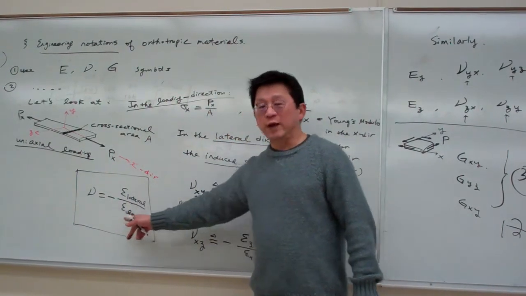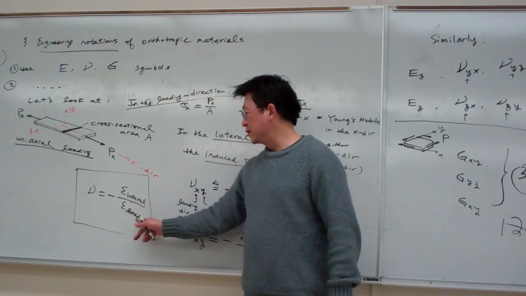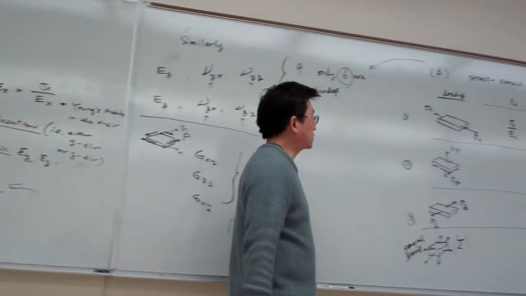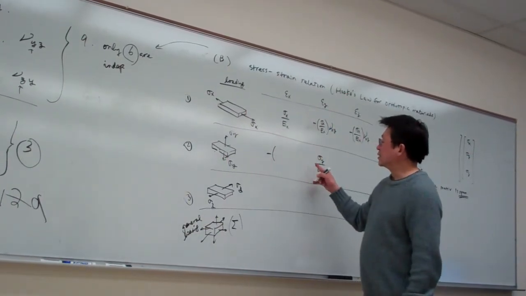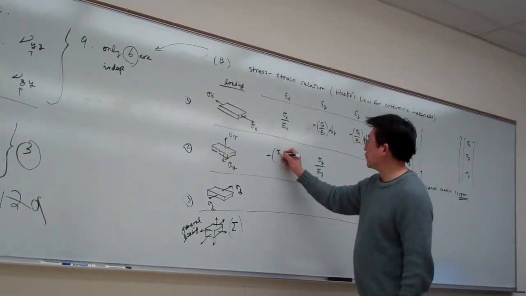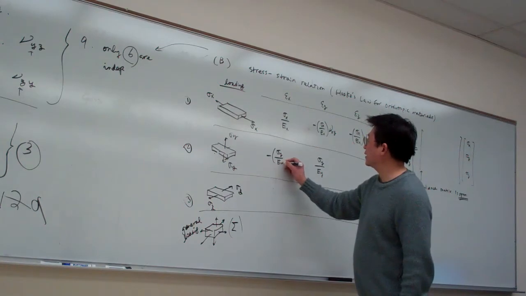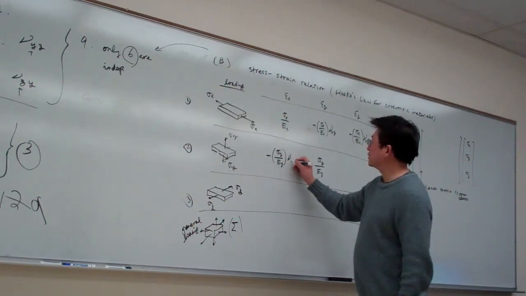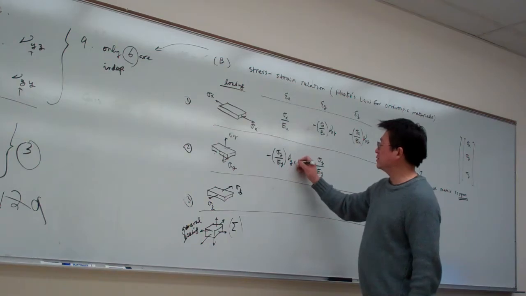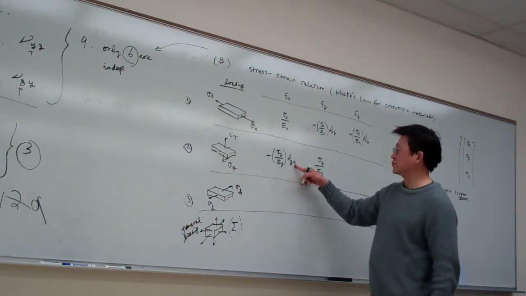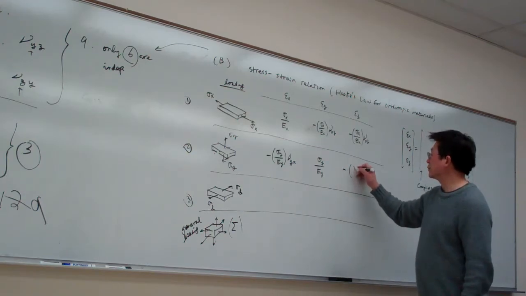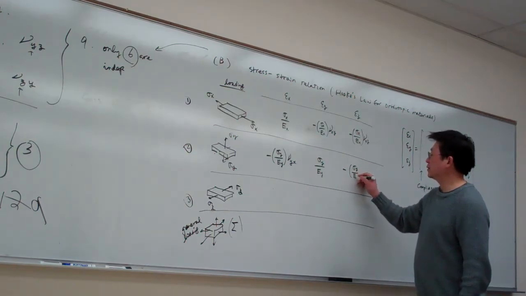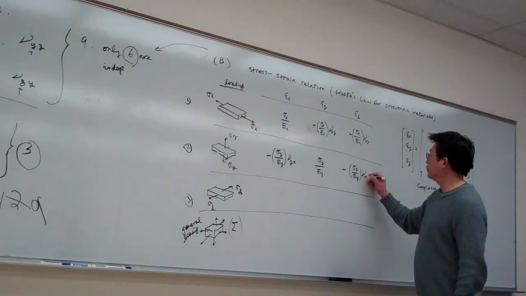For the second case, the loading direction is the y direction. So again, this is minus the axial strain, sigma y divided by Ey, per definition, in the lateral direction. So this one again, sigma y, Ey and mu yz.